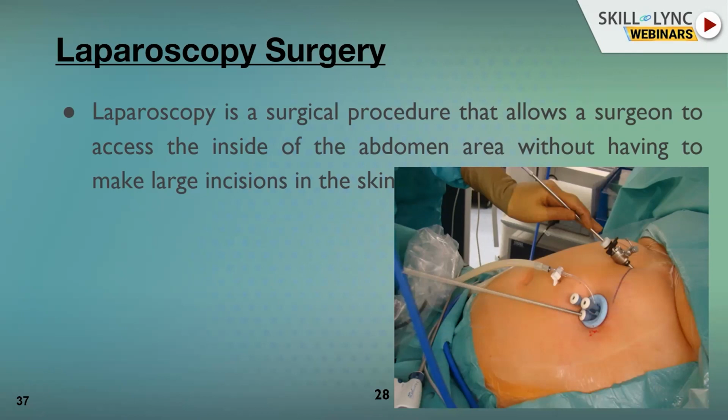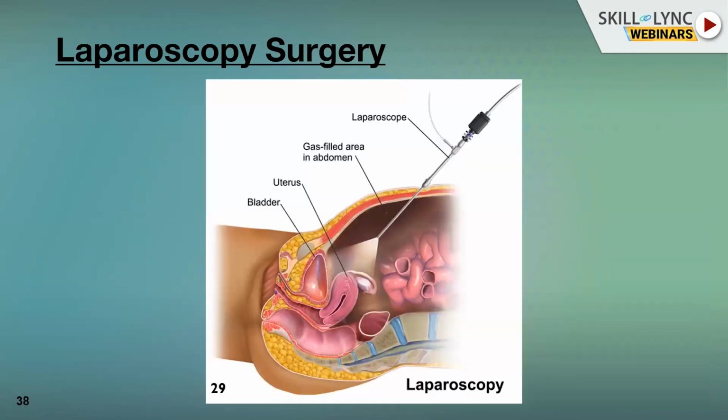When you have burping or something, you have gas inside your body, your belly looks bigger, right? The same way, you use artificial gas so that you can expand the abdominal area, and then you can perform the surgery. So you can see here, in order to visualize something, you're using a laparoscopy surgery.